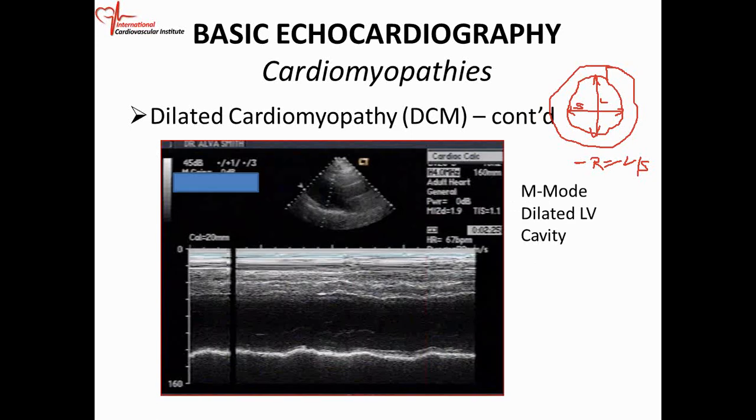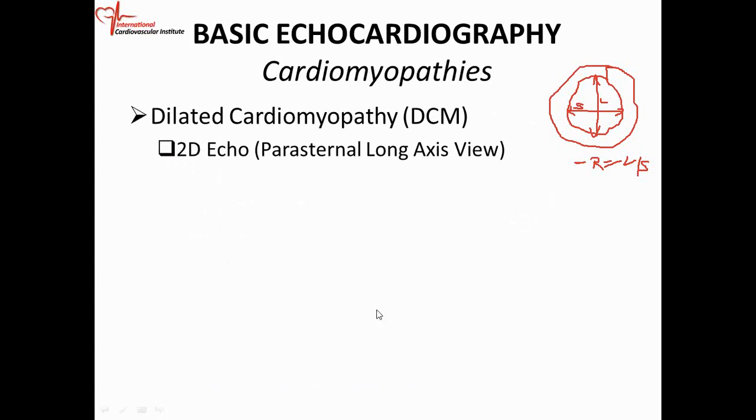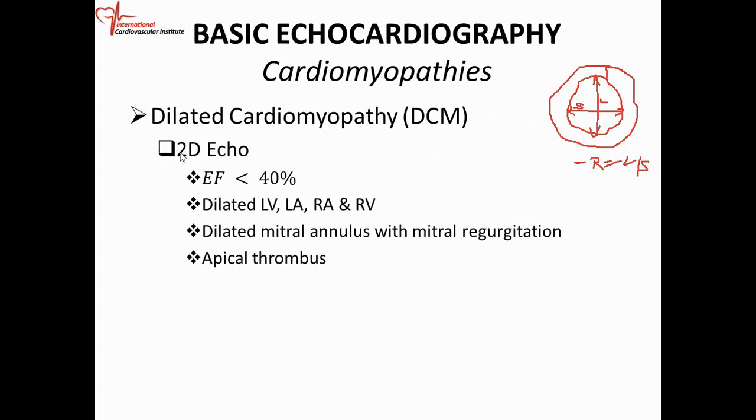So again, when we say a dilated cardiomyopathy, everything is dilated, the chamber size is increased. So if you look at your M mode, and you do your measurements, you can see that this is across the LV cavity. You can see that the LV cavity is dilated. So, all right. And usually the ejection fraction is less than 40%.